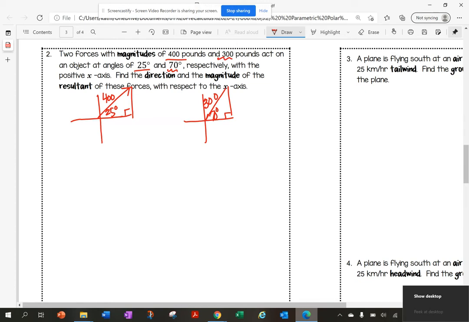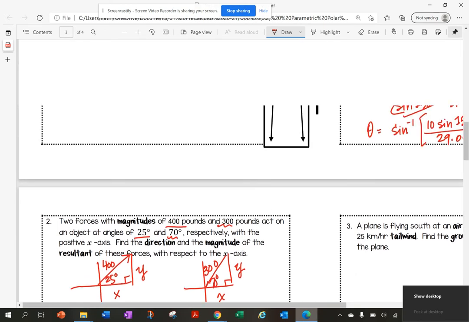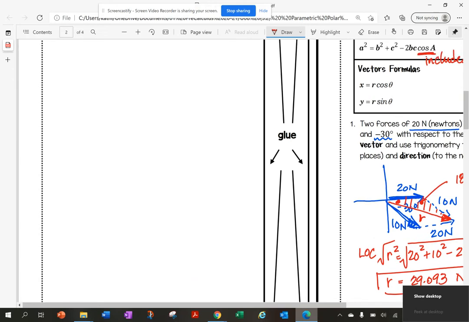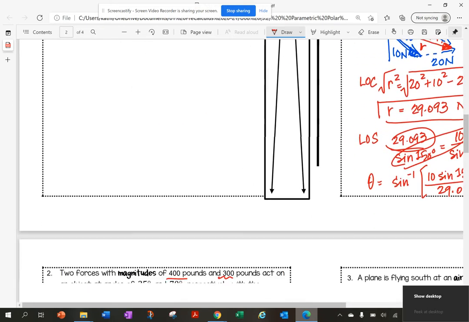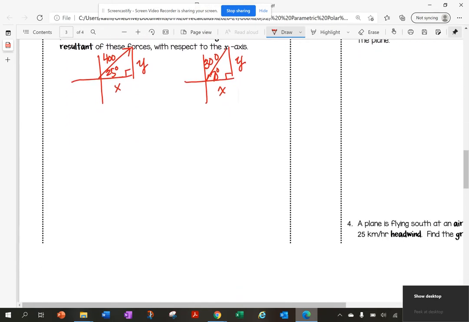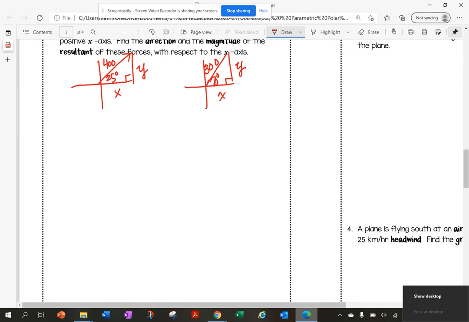So I want to break these down into the x and y components. And the formulas I use for these are x is r times the cosine of theta, y is r times the sine of theta. So I'm going to break each vector down.